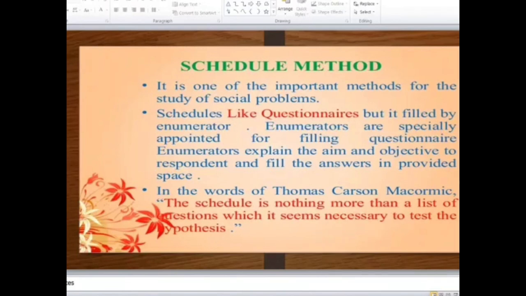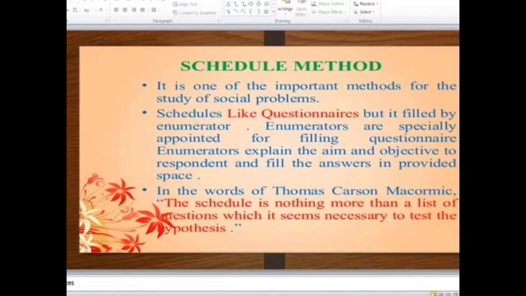In certain situations, schedules may be handed over to the respondents and enumerators may help them in recording their answers to various questions. And there are nice words given. In the words of Thomas Carson McCormick, the schedule is nothing more than a list of questions which it seems necessary to ask to test the hypothesis.